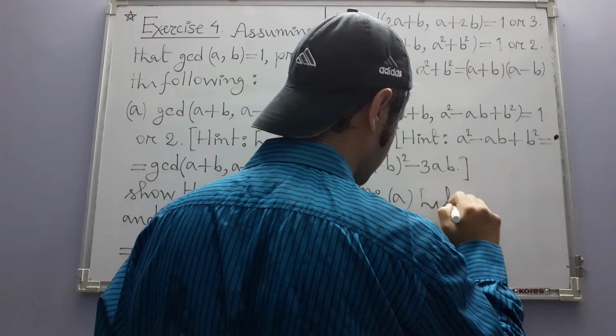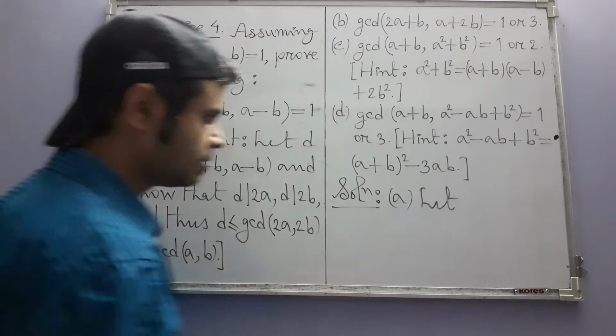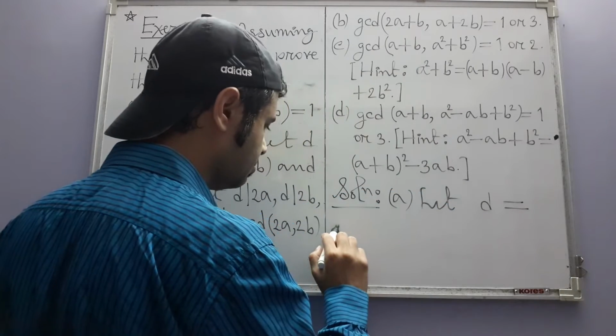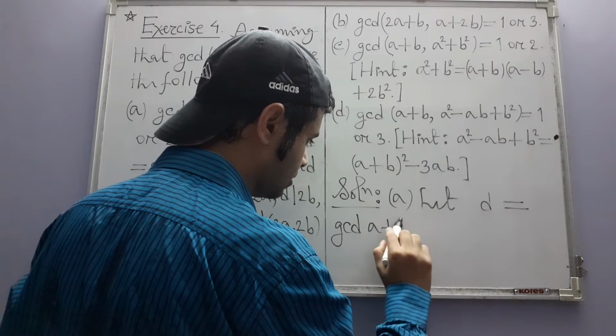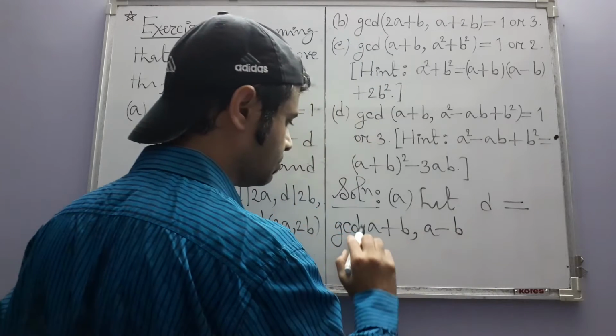So we start off with what is given in the hint. Let D be the greatest common divisor of a plus b and a minus b.